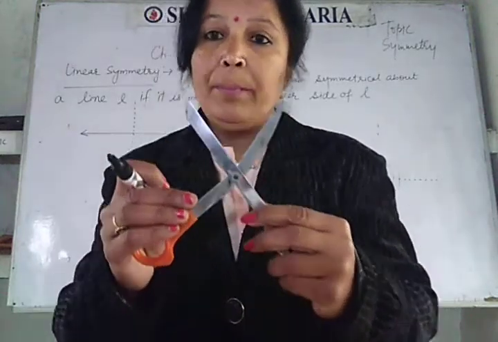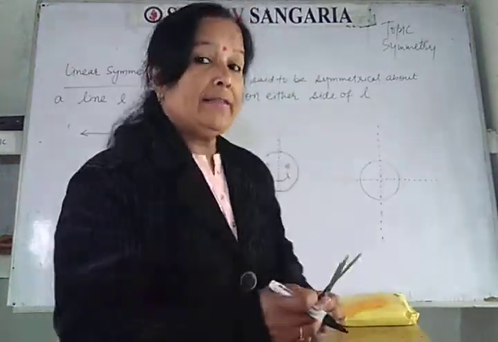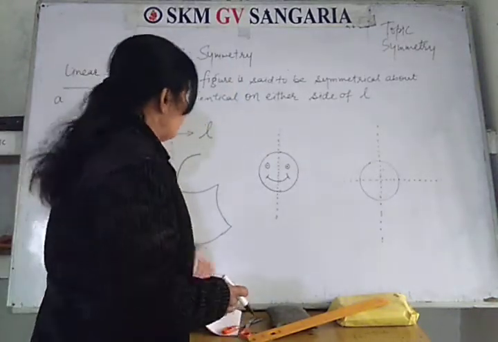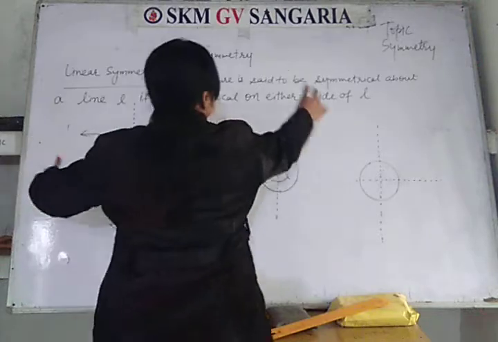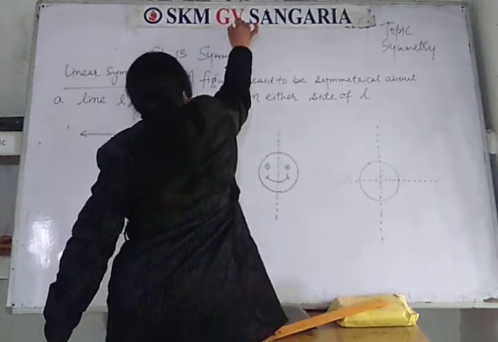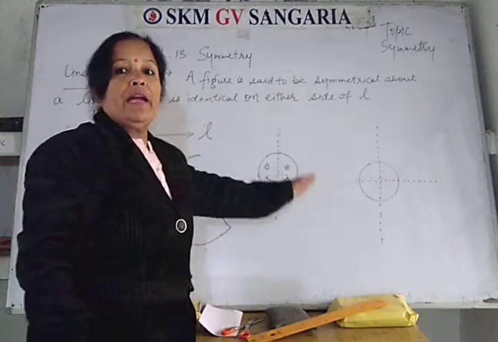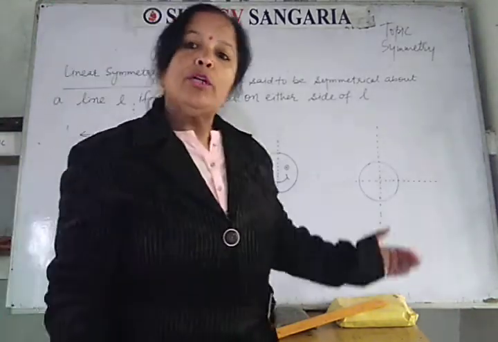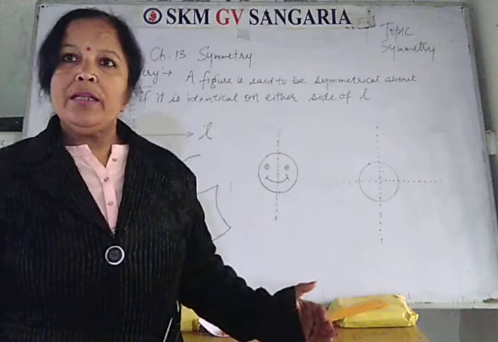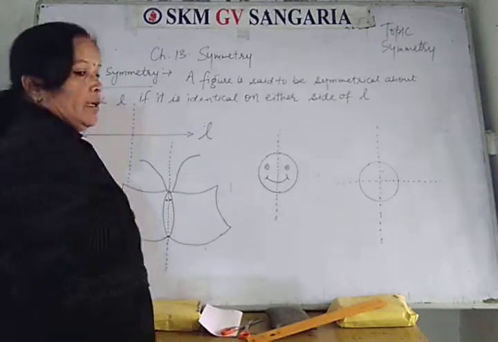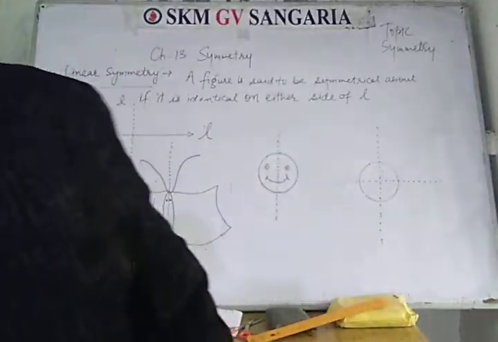Okay. So a pair of scissors is a concrete example, and a whiteboard also. When I draw a line in this way on this whiteboard, it will be divided into two equal parts. Clear? And you can take a book also.